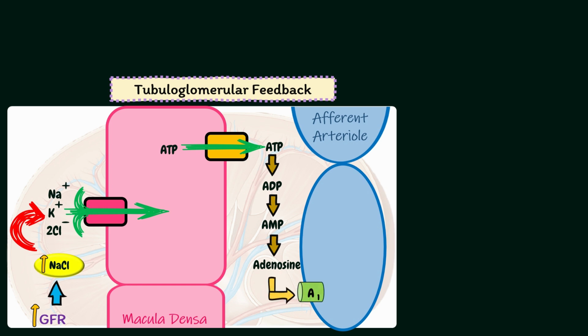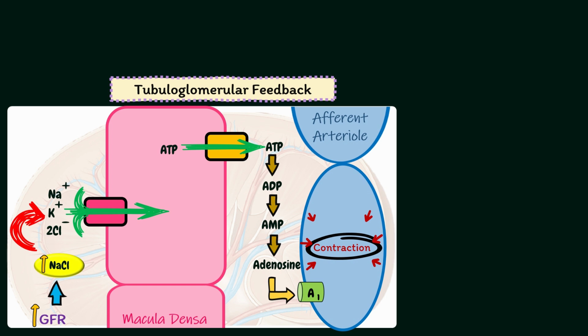Adenosine acts on afferent arteriole through adenosine A1 receptors. Adenosine causes constriction of afferent arteriole, so the blood flow through glomerulus decreases, leading to decrease in glomerulus filtration rate.